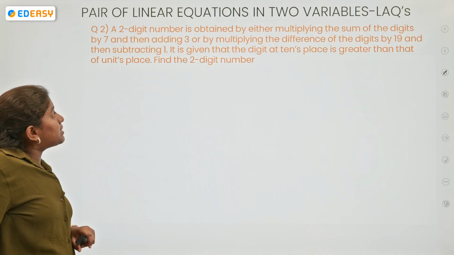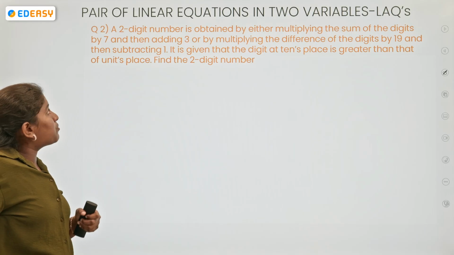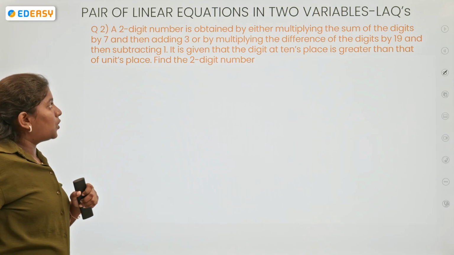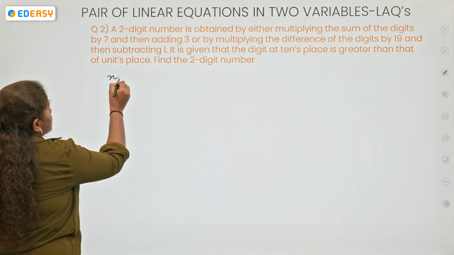A two-digit number is obtained by multiplying the sum of the digits by 7. We are having a two-digit number xy.